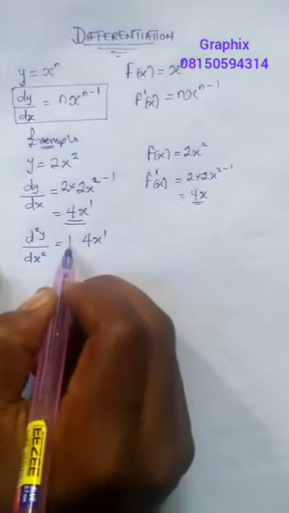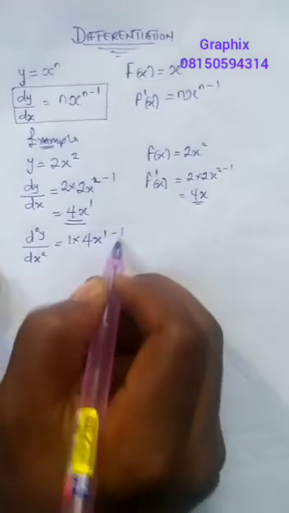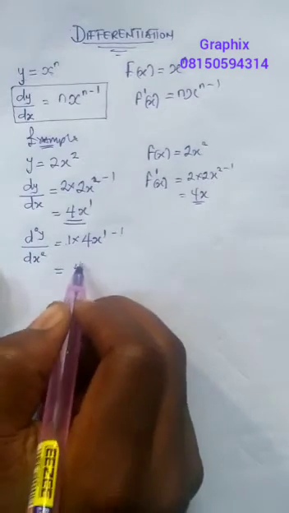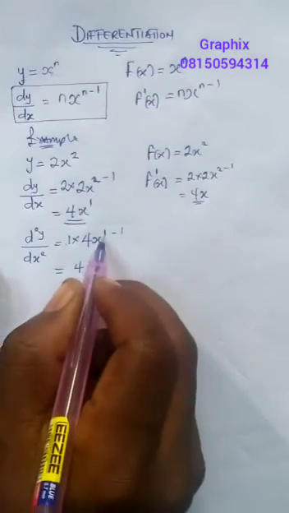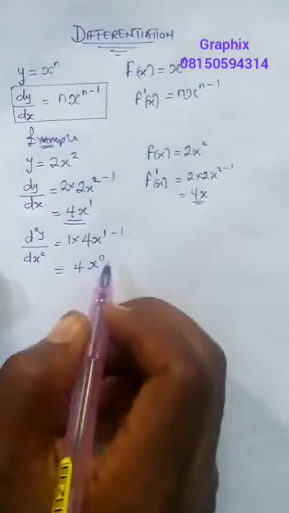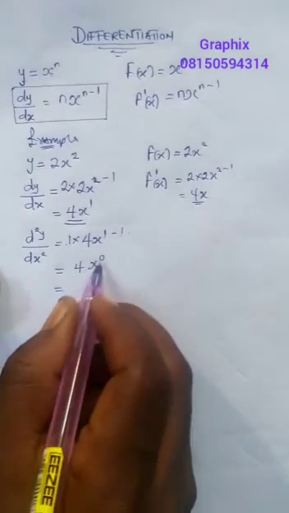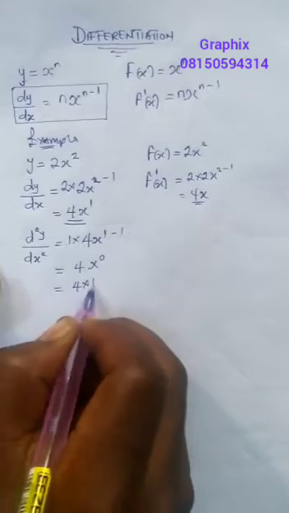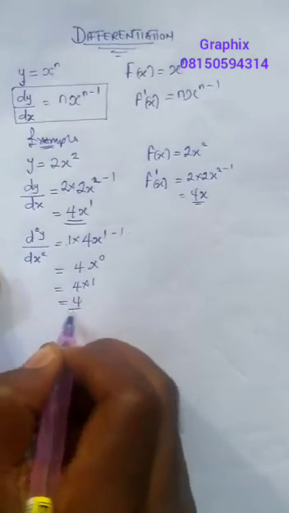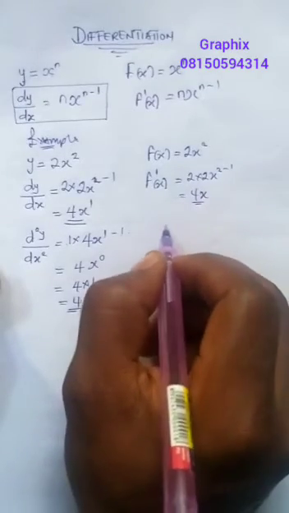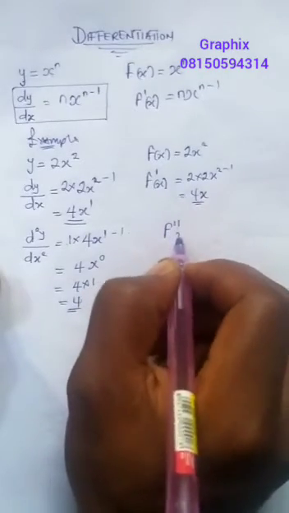So the 1 will come to the front of 4 to multiply it, and I'll subtract 1. And this will give me 1 times 4 is 4, x^(1-1), and 1 minus 1 is 0. Mind you, the only one carrying the 0 is the x. And x raised to power 0 is 1. So I'm having 4 times 1. And that will give me 4. Are we good?